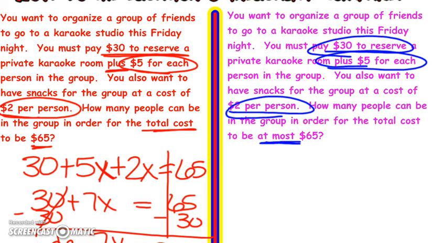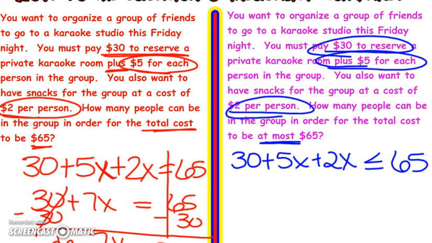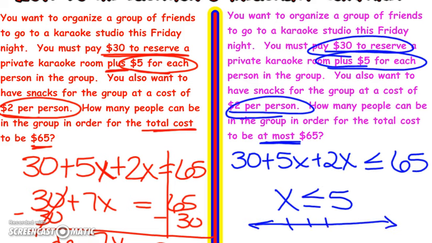So your equation will be the same. 30 plus 5x plus 2x has got to be less than or equal to 65. Once you do all the math, x has got to be less than or equal to 5. And when you number line it, it would be a closed circle, and we're going to shade to the left.